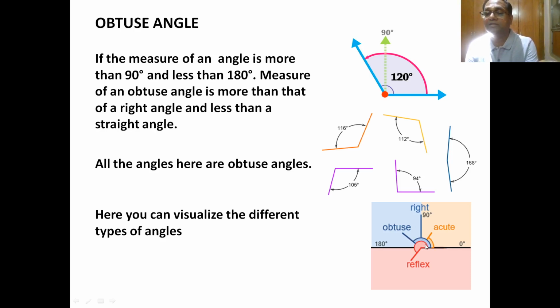And if the range is more than 180 degrees, it is called a reflex angle. So we have learnt a total of 5 types of angles: an acute angle, an obtuse angle, a right angle, a straight angle and a reflex angle.